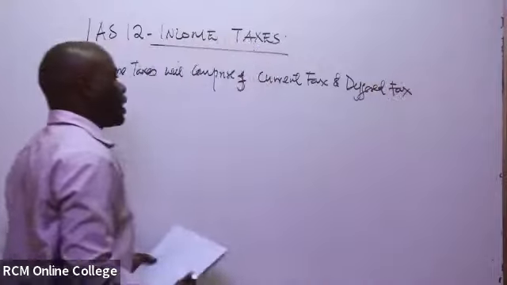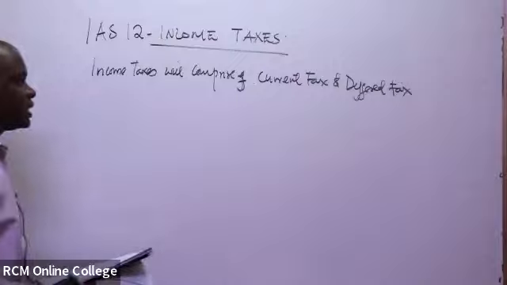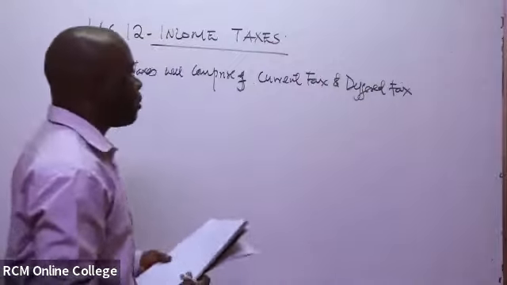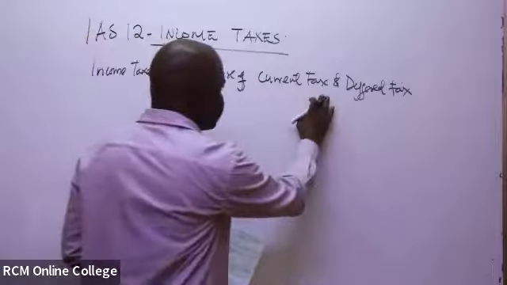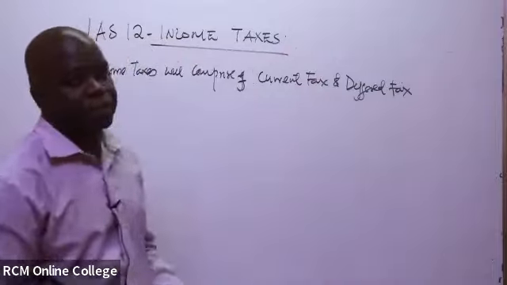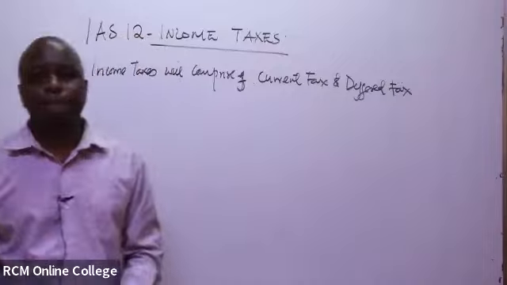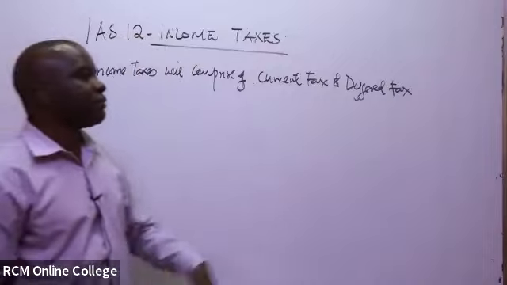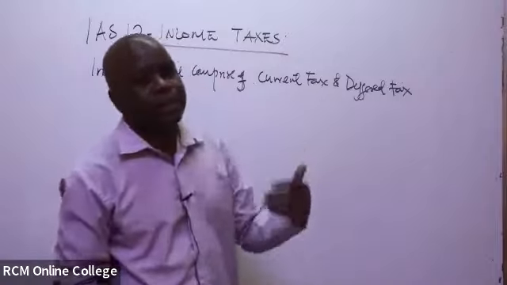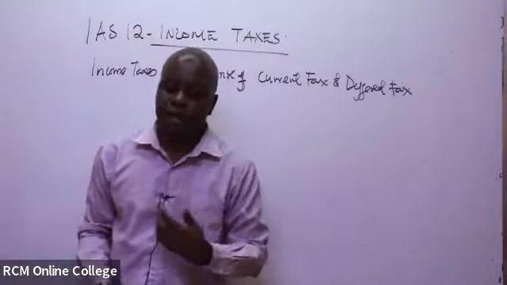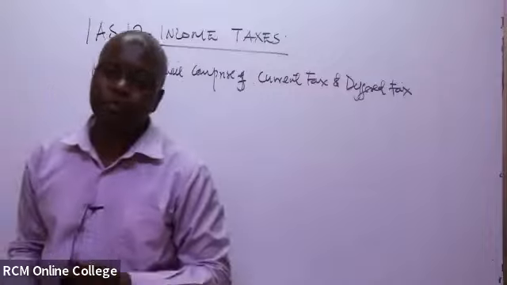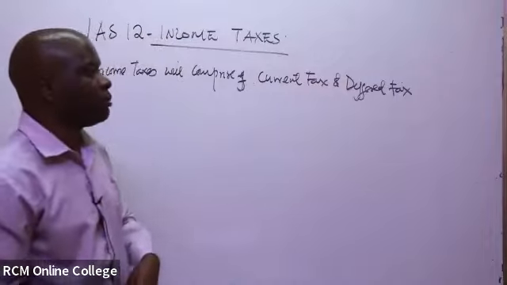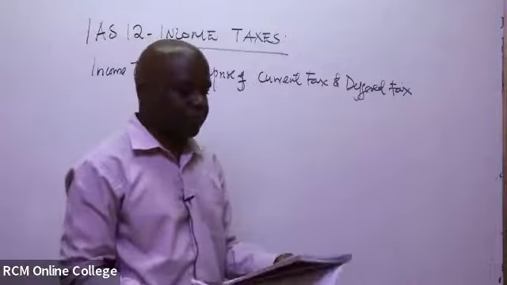When you talk about current tax, just from the term current, it is the tax obligation for the current year. The deferred tax is the tax that you have deferred, that you meet or pay maybe later on in future.